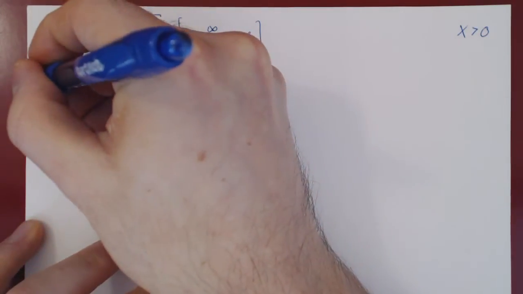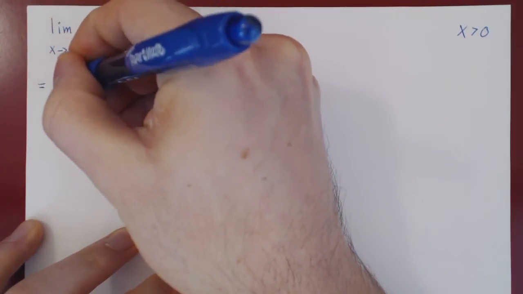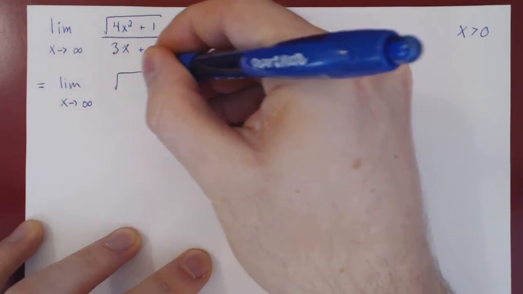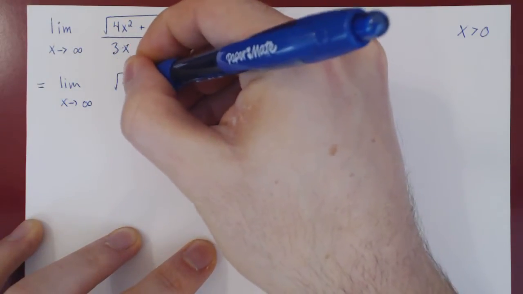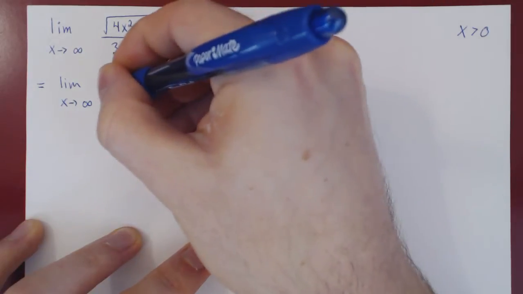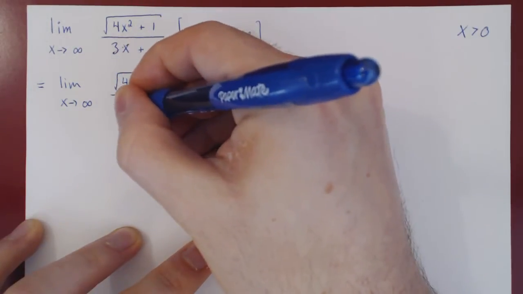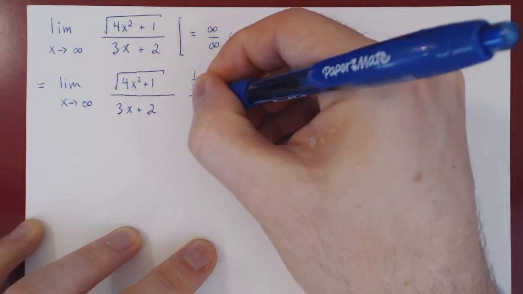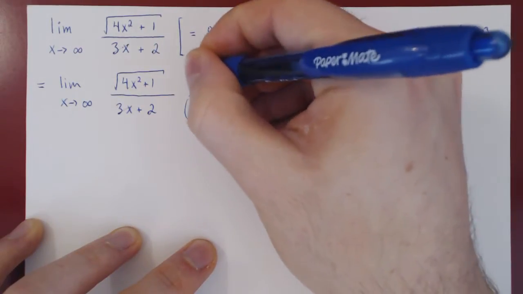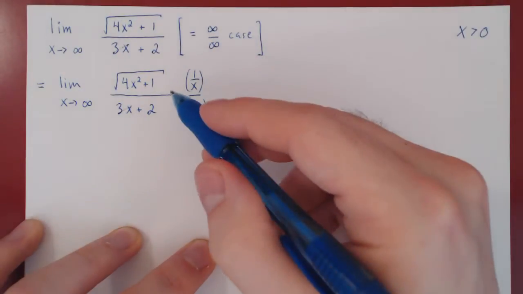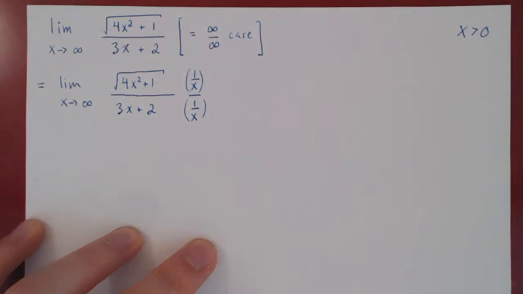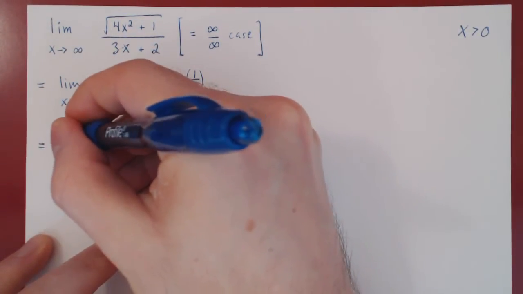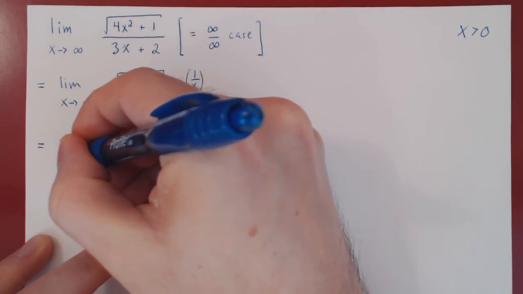So it looks like we have something x over x. And so we use an old technique. We multiply top and bottom by 1 over x. One over x over itself is just 1, so this is legitimate. We are not changing the expression. Let's multiply the denominator by 1 over x.